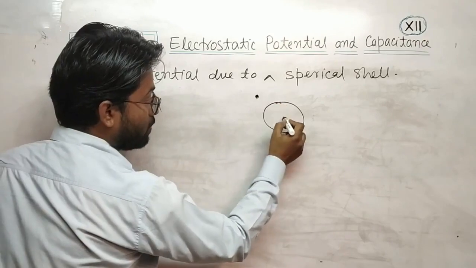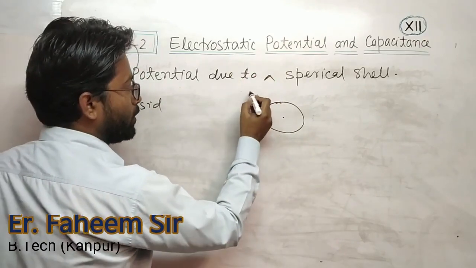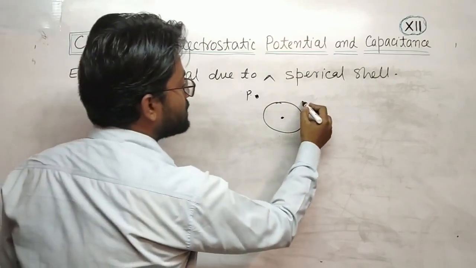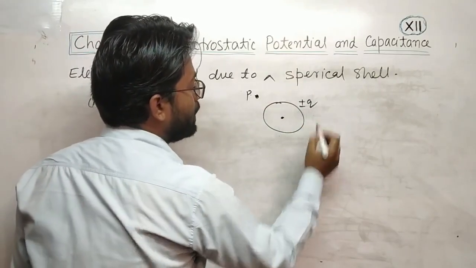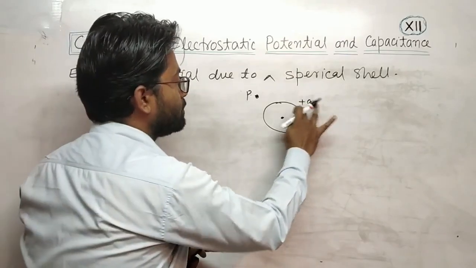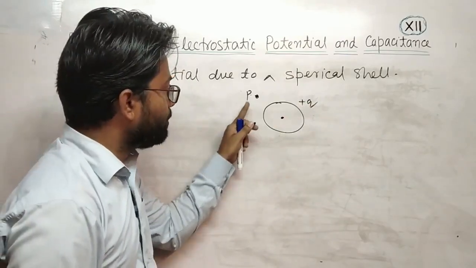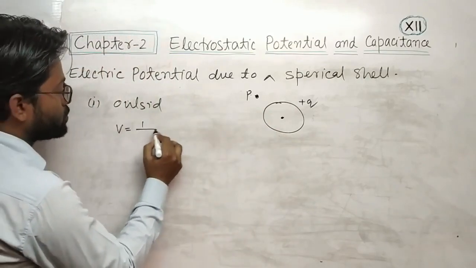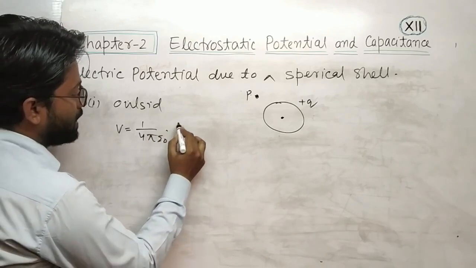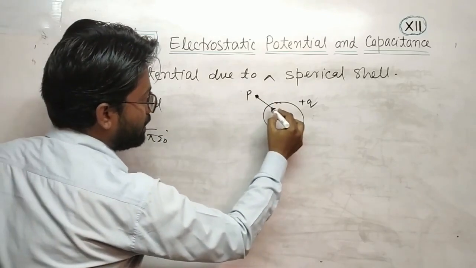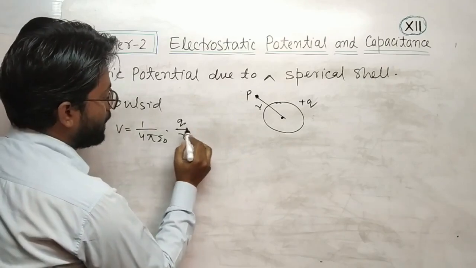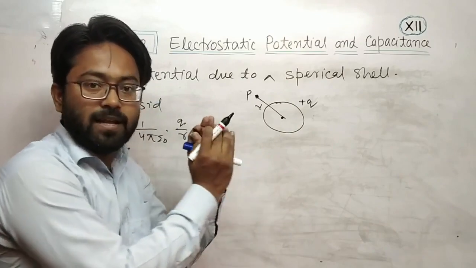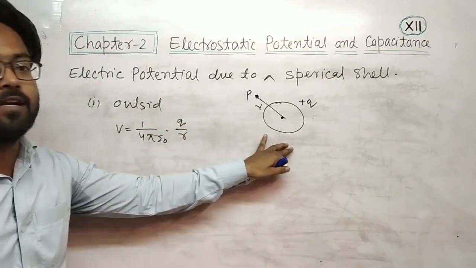If we need to calculate the potential at the outside point P, the spherical shell may be positive or negative. If it is positive, the potential at point P due to this sphere will be V equal to 1 upon 4 pi epsilon naught, q upon r, if the distance is r, like point charges. This means if the point is outside, the spherical shell will be considered as a point charge.